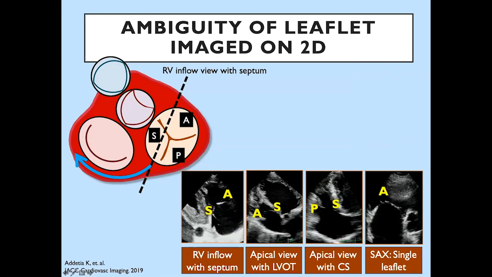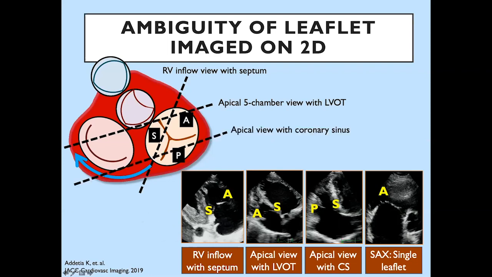When you see that, you are imaging the septal and the anterior leaflets. In the apical five-chamber view with the left ventricular outflow tract in view, you are imaging the septal and anterior leaflets. If you are able to get very posterior so that you can see the coronary sinus, here you would be imaging the septal and posterior leaflets.